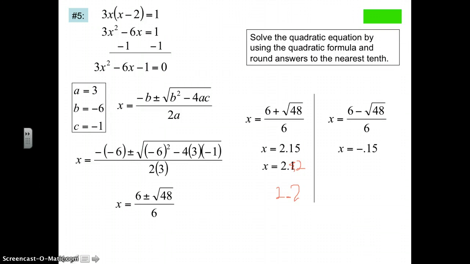It becomes x is equal to negative 1.5, and this is rounded to negative 1.2. Be careful how you round it. See, I made a mistake here. This is 5, so that means this number that I'm looking at goes up by 1. So this becomes 2.2. And those are going to be the roots of my equation.